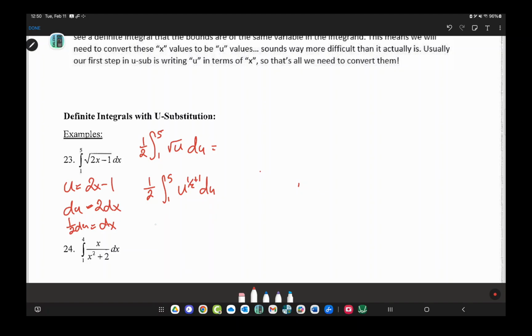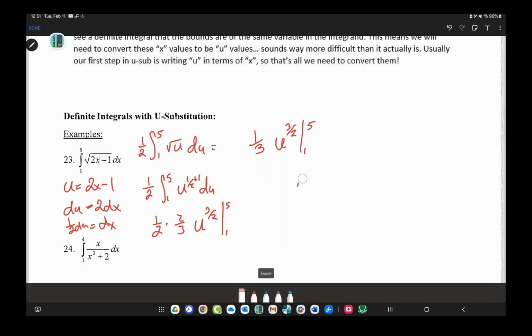Dividing by 3/2 gives me 1/2 times 2/3 u to the 3/2, which is 1/3 u to the 3/2. I don't need the du, sorry. I don't have to worry about c because I actually have bounds here, 1 to 5.